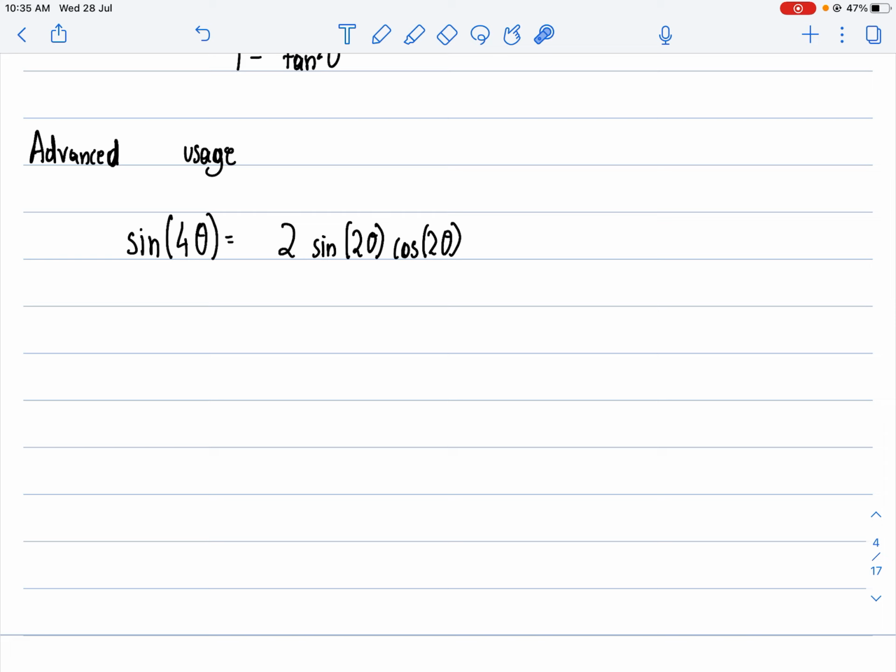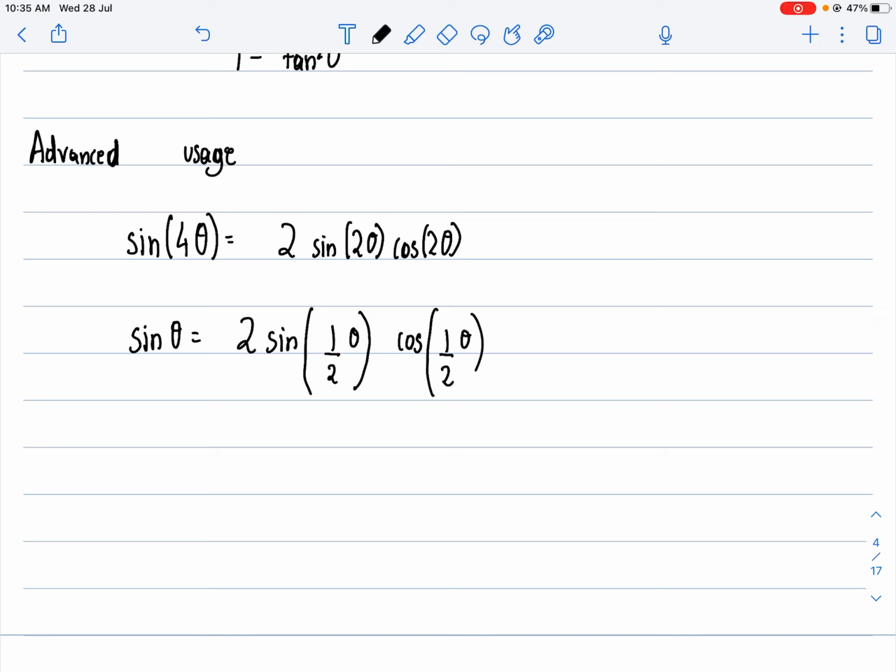This is what you need to know. In the same way, if I write something like sine theta, this can be equal to 2 sine half theta into cos half theta.